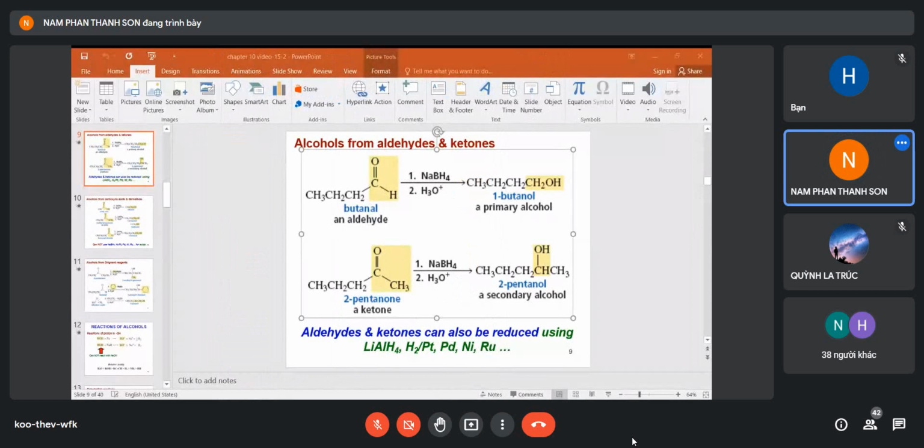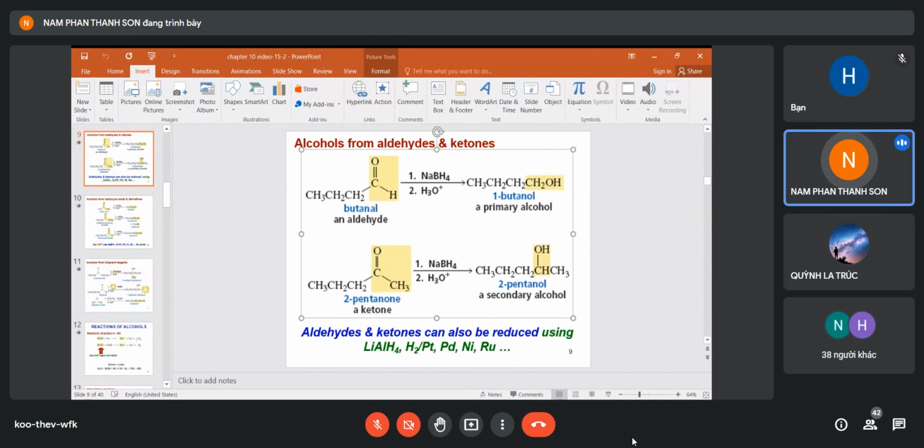Okay, Quinn, can you tell your friend in NaBH4 the hydrogen is positive or negative? I think minus. Why is it minus? Because Na is +1. Good. And boron? I think it's +3. Good.